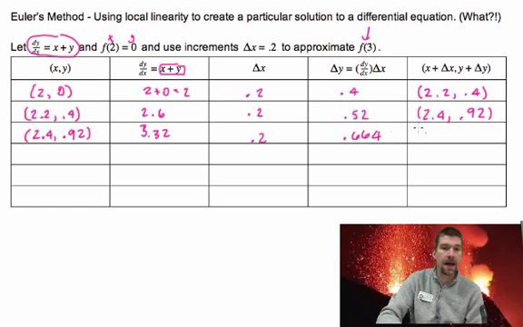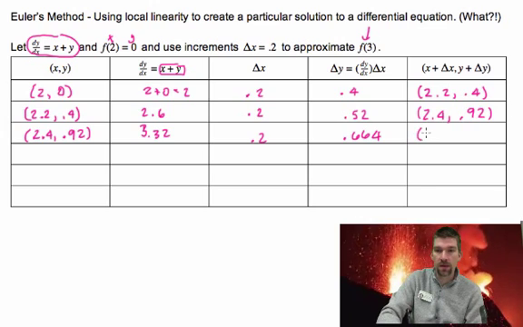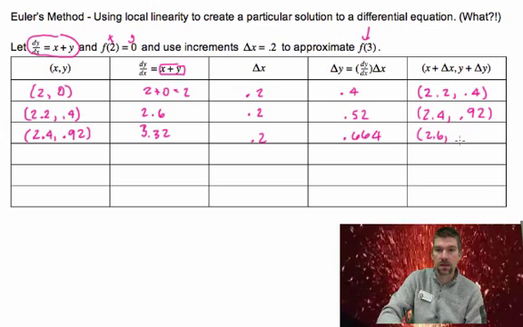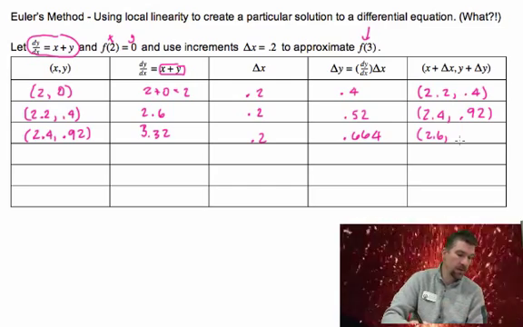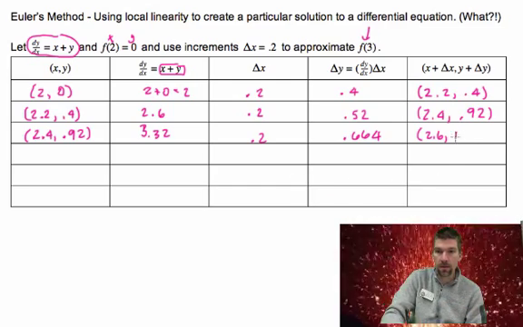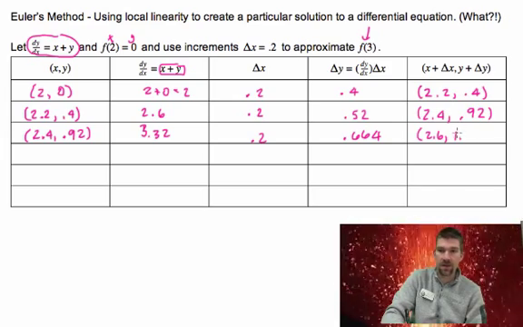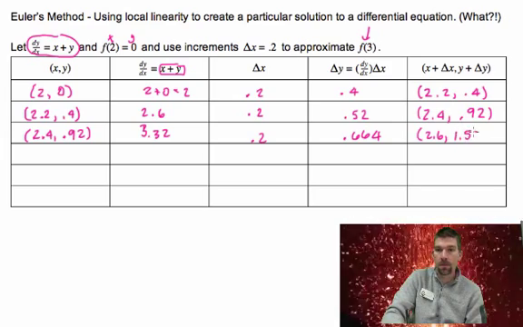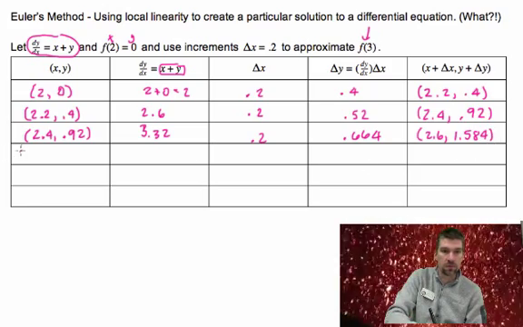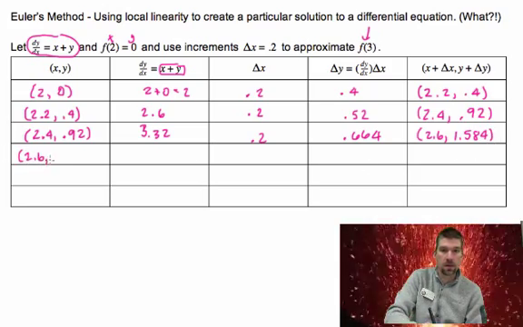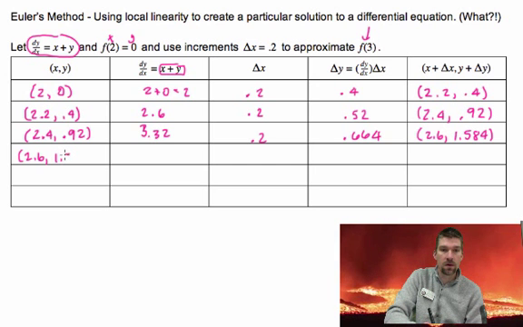And then add all these up. So my 2.4 now becomes 2.6, and my 0.664 plus 0.92 becomes 1.584. And that's my new starter: 2.6 and 1.584.